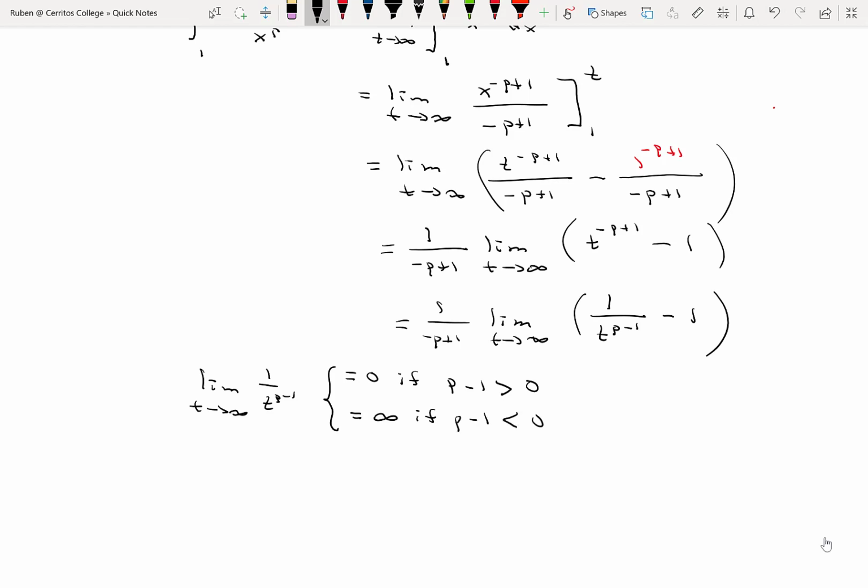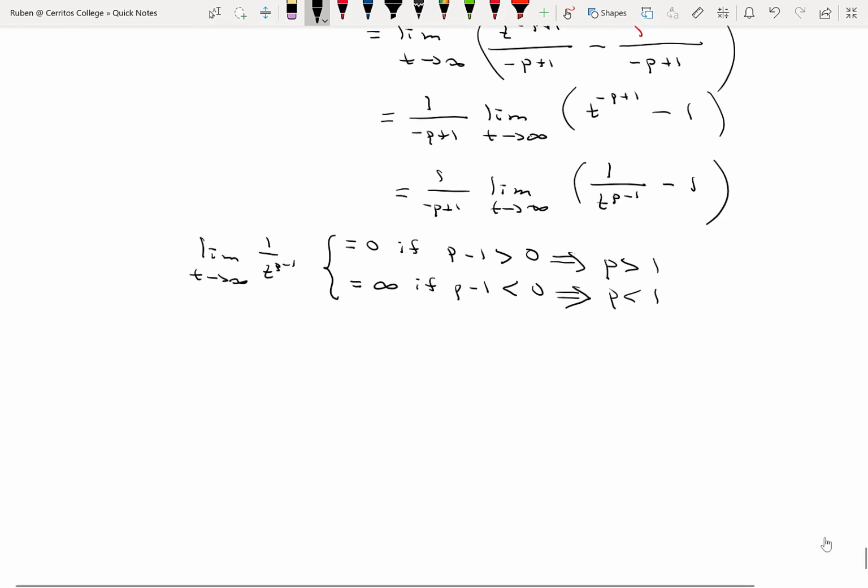Again, if the exponent is negative, it brings t into the numerator, t goes to infinity, limit goes to infinity. So if p minus 1 is greater than 0, that means that p is greater than 1. If p minus 1 is less than 0, that implies that p is less than 1.